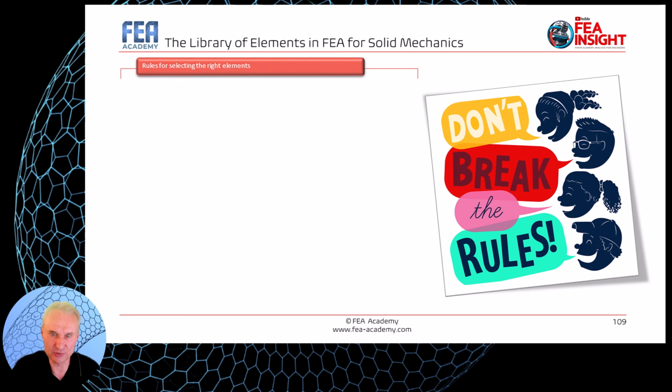Moreover, it is important to know the purpose of your model. An engine block, for example, can be modeled with shells and beams if you only want to capture stiffness or dynamic effects. But if you wish to capture stresses in the engine block, a 3D FEA will be required. So let's go through my 10 rules for selecting the right elements.